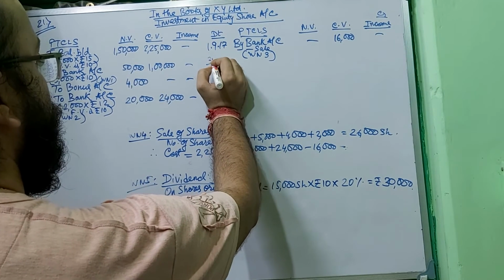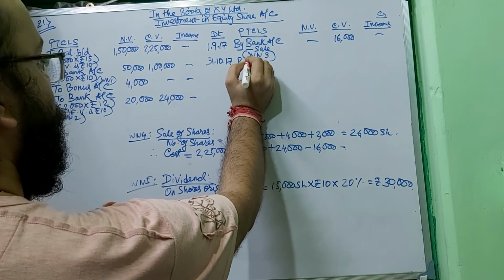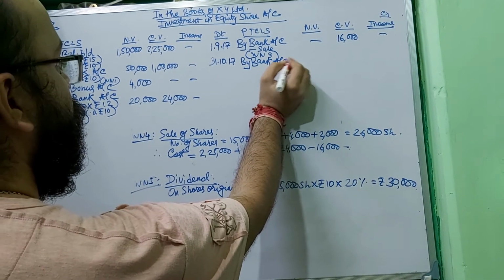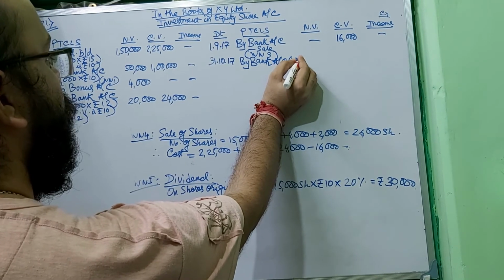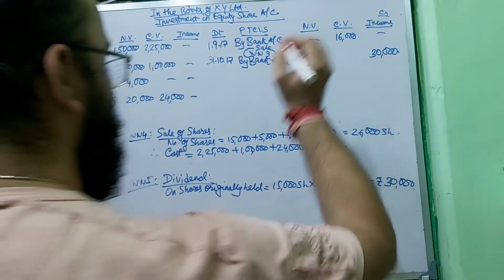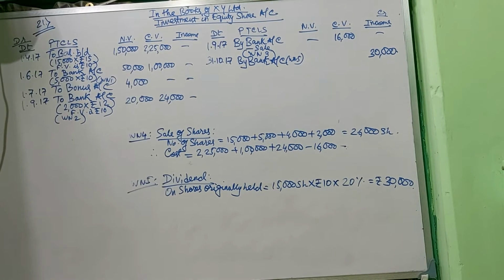Dividend 31, 10, 17 by bank account. 14.5, 30,000. Okay. Now, on shares which you have purchased on 1st of August, how can it be calculated?